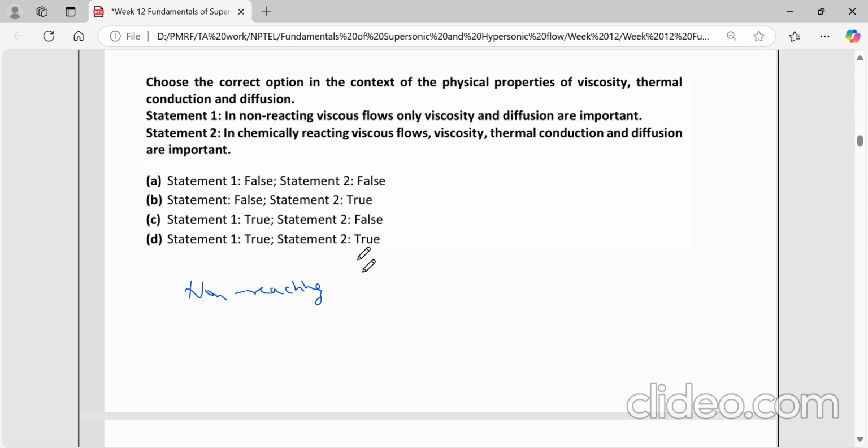So diffusion is not that much important. Only important is viscosity and thermal conduction. So statement 1, which says about diffusion being important and thermal conduction being not important, is false.